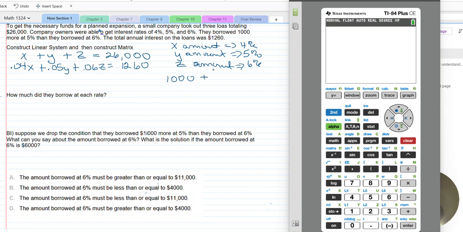So 6% was z, this one at y. All right. So we have 1,000 equal to y minus z. So that's our last equation.